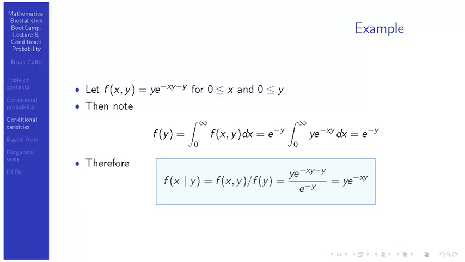Okay, so you just plug in y equals 3. So now if you plug in any possible value of y, this function will give you the associated density function for the random variable x, conditioning on the information that y takes on that specific value.